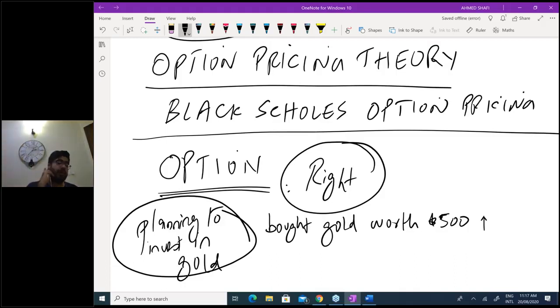Now, if prices go up, become $550, $580, you will enjoy again. But let's suppose prices start falling. You will end up making a loss.